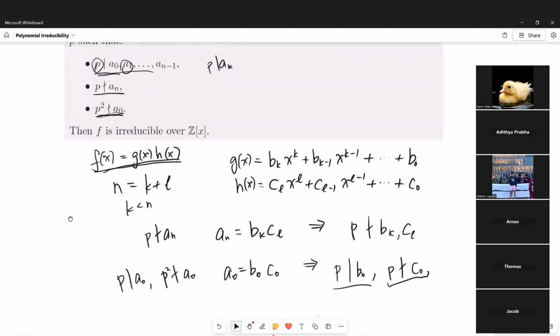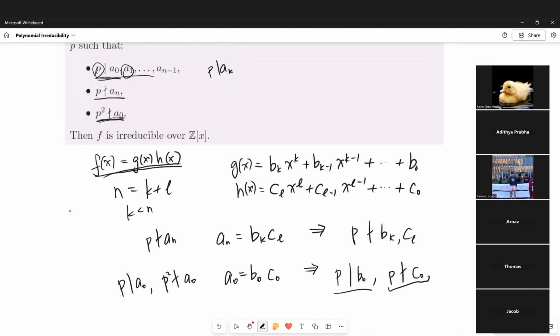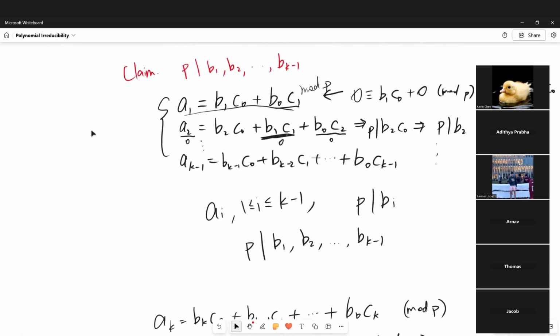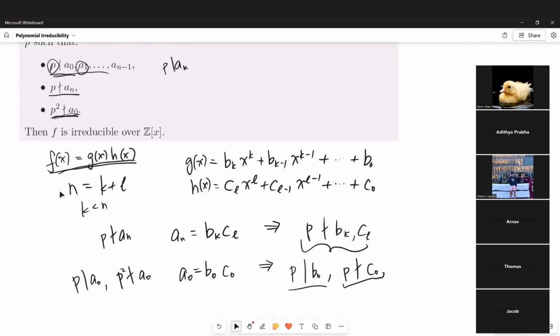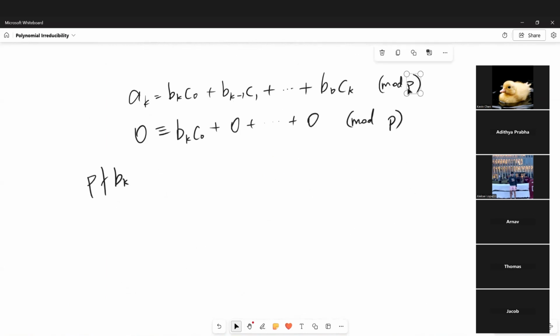However, in the beginning, we already know that P cannot divide BK, nor CL. So for this final expression, we write it on the side: P cannot divide BK. And also from here, we're using this for like the kth time already, P cannot divide C0.